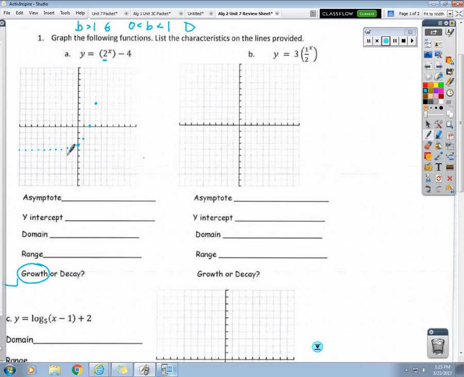Now, what are all of those points getting closer and closer to? The asymptote. So if the asymptote is a barrier that goes through the y-axis at negative 4, how do you write the equation for that? It goes through the y-axis at negative 4.